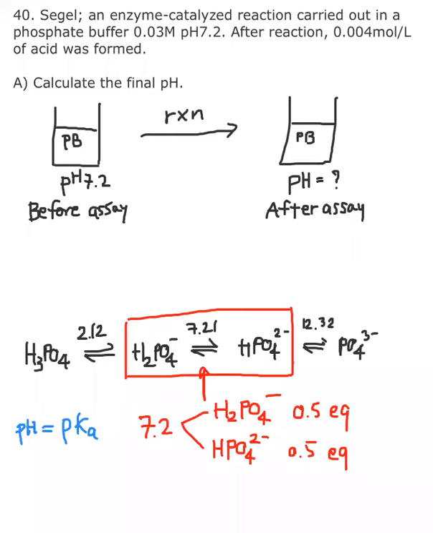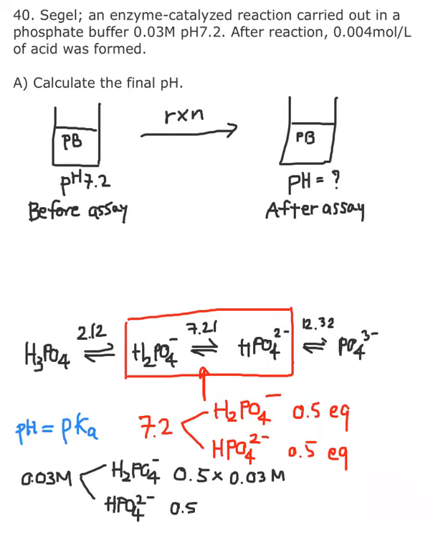So if your phosphate buffer concentration is 0.03 molar, it means that your H2PO4 minus would have the concentration of 0.5 times 0.03 molar, similar to your base species here, HPO4 2 minus.